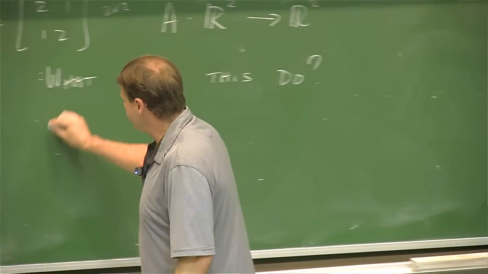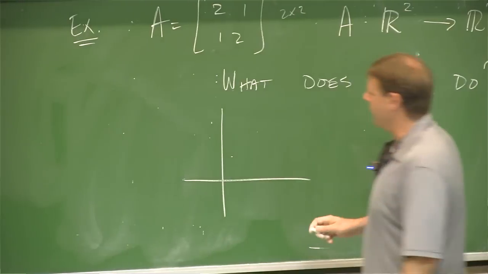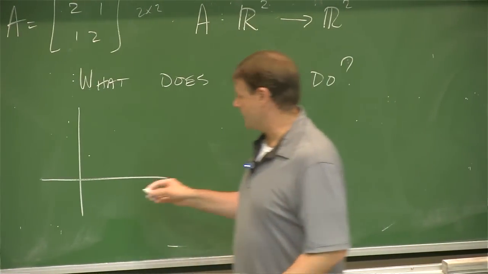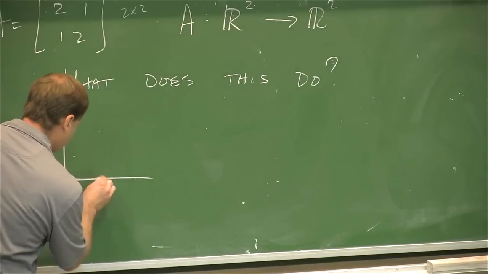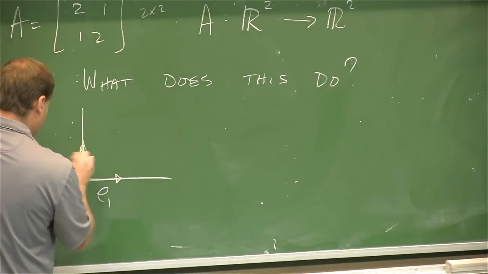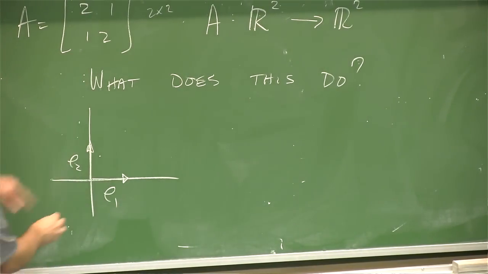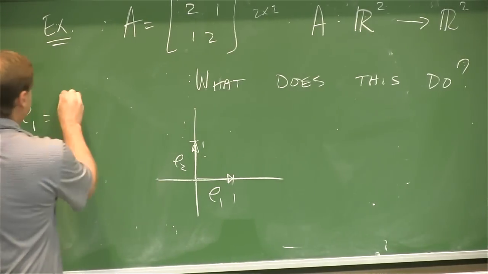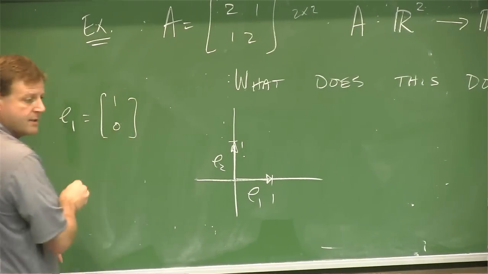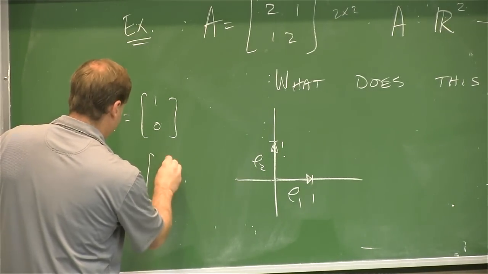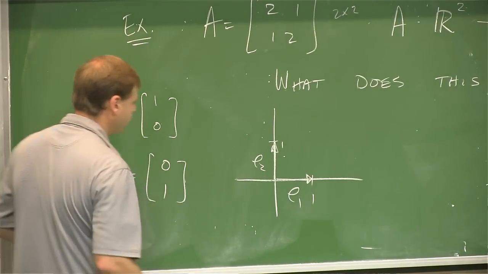So one way to see it is let's take a look at the simplest basis that we've looked at before, the one where you have E1 and E2, where this is 1 and this is 1. So E1 is equal to the vector 1, 0, and E2 is 0, 1.